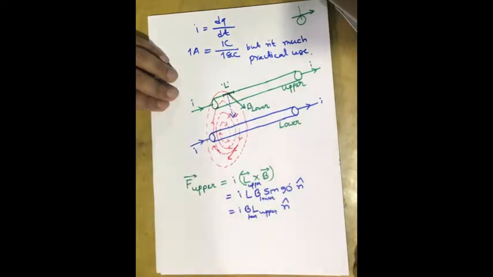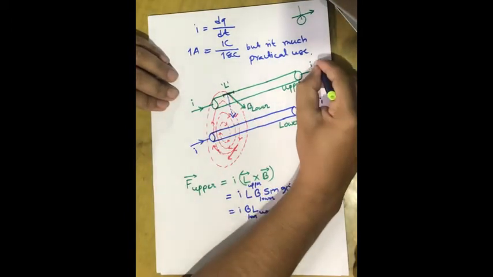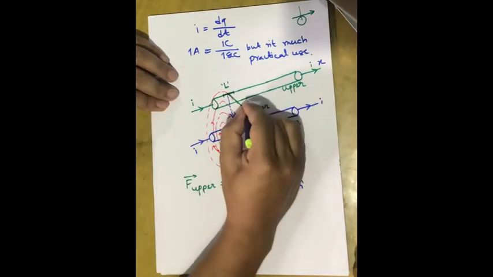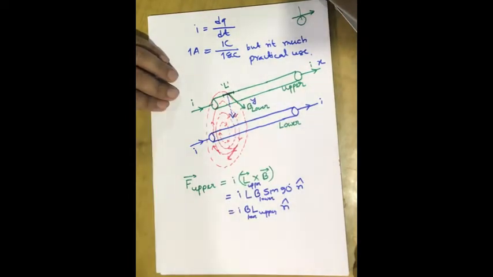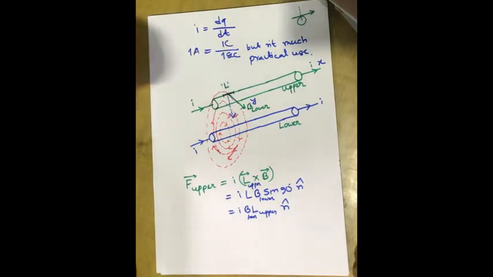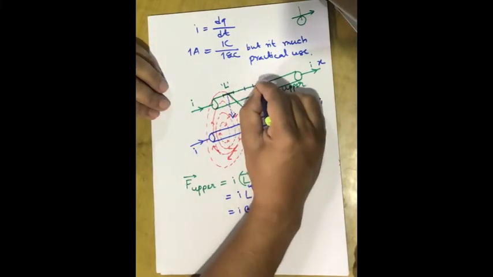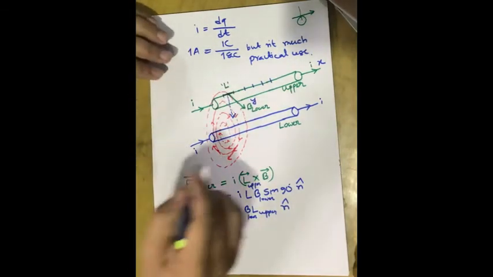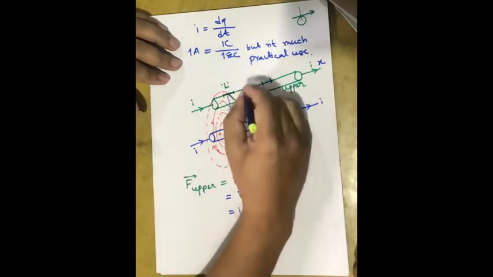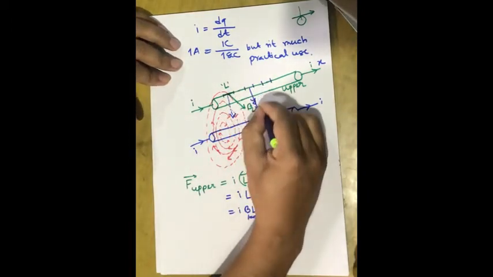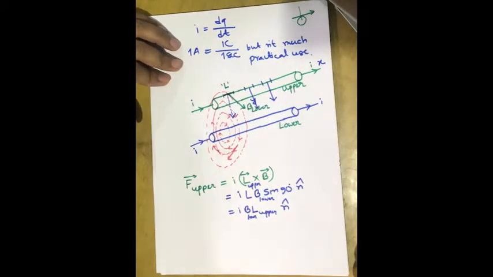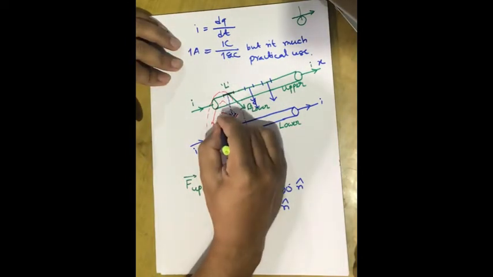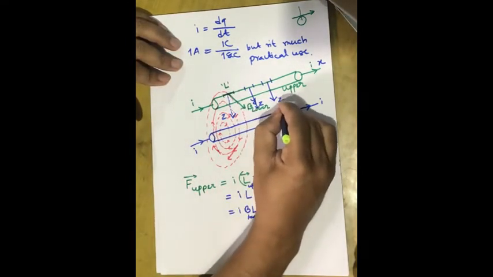Suppose we consider the length as the x direction and B lower as the y direction, then the force will be along the z direction. At each point of this conductor there will be a force due to the magnetic field created by the lower conductor, which will be along this direction, the z direction.